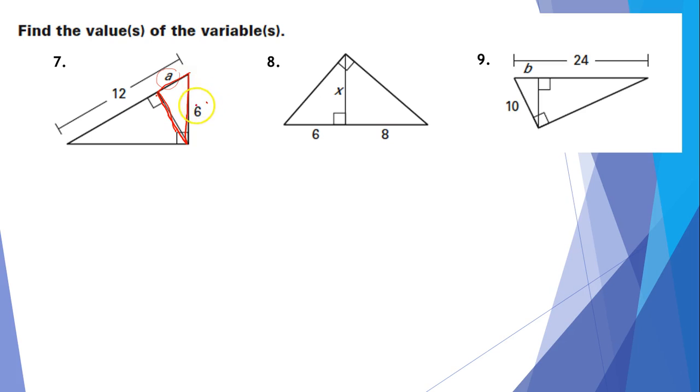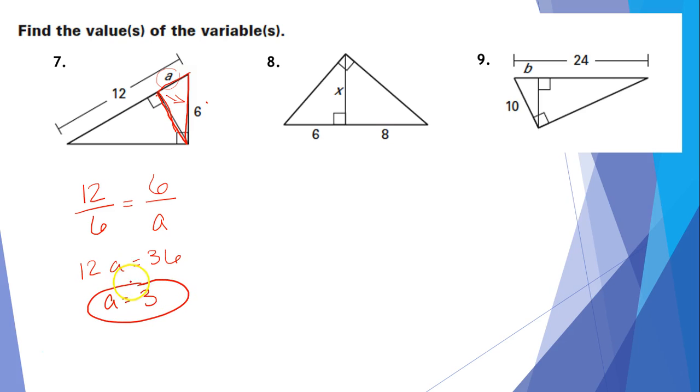So using that theorem, this whole length of this hypotenuse, 12, over the hypotenuse of this triangle, which is 6, is equal to the leg of the big triangle, 6, over the leg of our small triangle, A. Now do the cross multiplication. Get 12A is equal to 36. Divide both sides by 12, and we get 3.